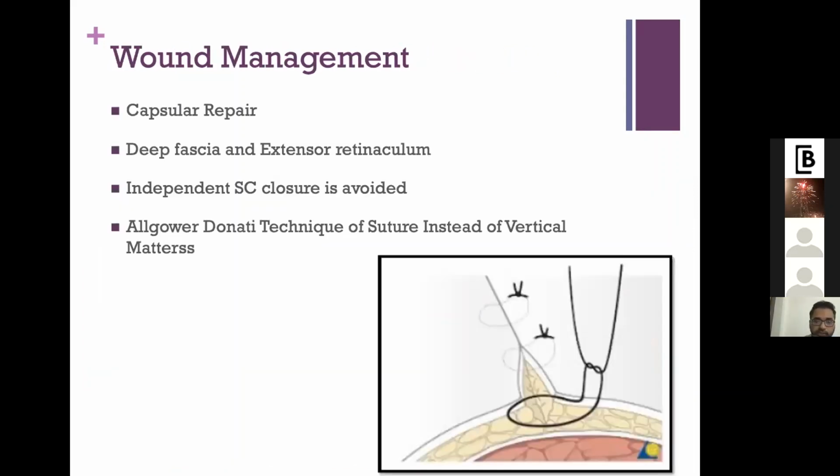Wound management decides your fixation, it decides your reduction and other things, because these are the most common complications in a pilon fracture. Do a very good capsular repair and deep fascia repair. If you feel the skin is a little more tensed, then I usually use the Allgöwer-Donati technique of suture for the skin instead of vertical mattress or horizontal mattress.